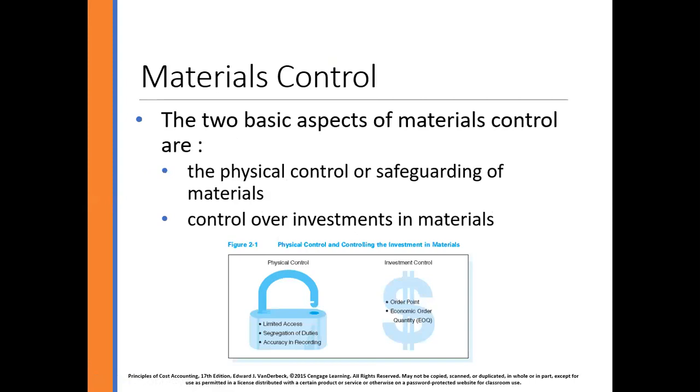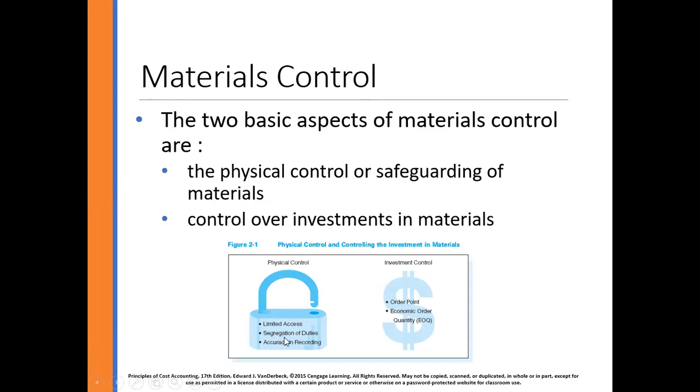So the two basic aspects of material controls are the physical control, or safeguarding the assets, and then control over investments, or the purchasing of materials, right? So that's what we're going to talk about with each one of these. As we mentioned, with the physical controls, some of the things that we put into place, for example, are limited access to the stockroom, or segregation of duties.